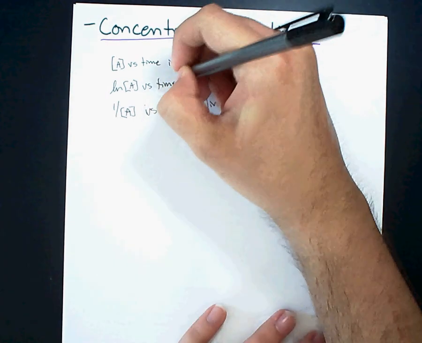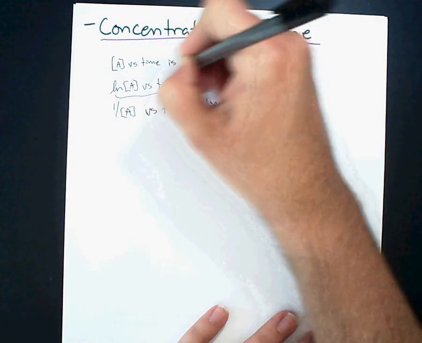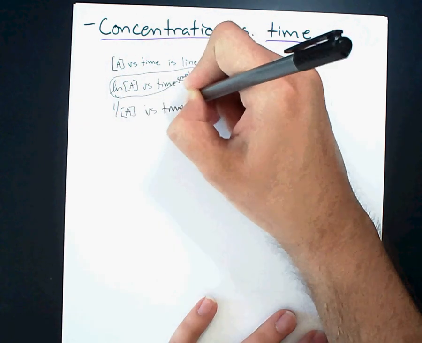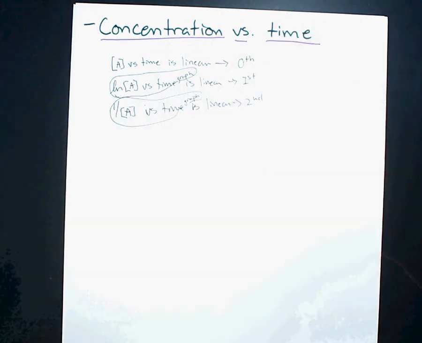So you want to make sure you include this language: ln of concentration versus time graph, 1 over concentration versus time graph. Don't say that just 1 over concentration is linear. You have to say it's 1 over concentration versus time. You have to give whatever the dependent variable is.